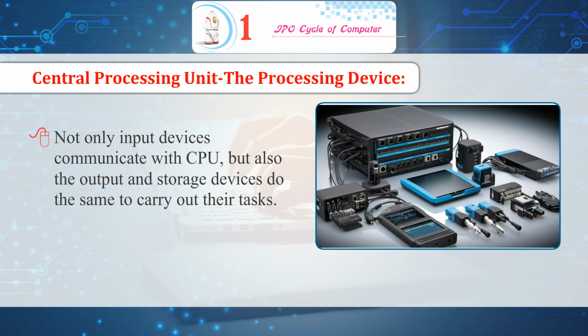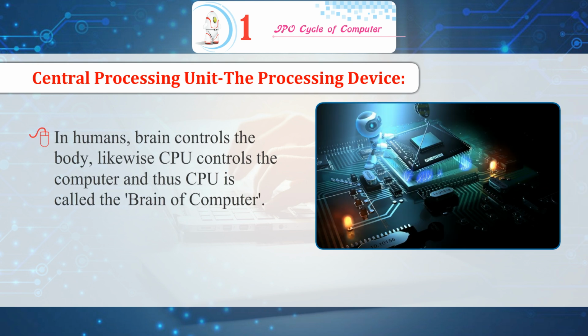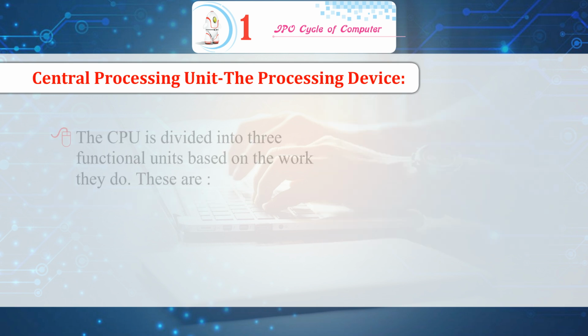Not only input devices communicate with the CPU, but also the output and storage devices do the same to carry out their tasks. In humans, the brain controls the body, likewise the CPU controls the computer, and thus the CPU is called the brain of the computer.